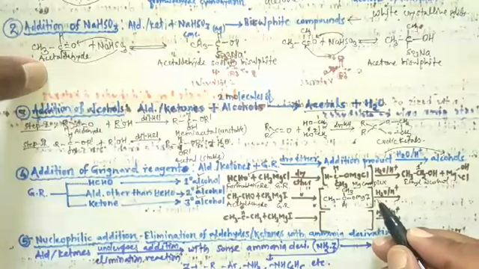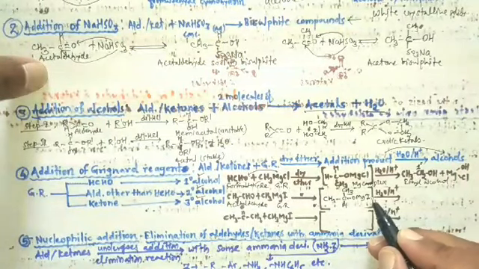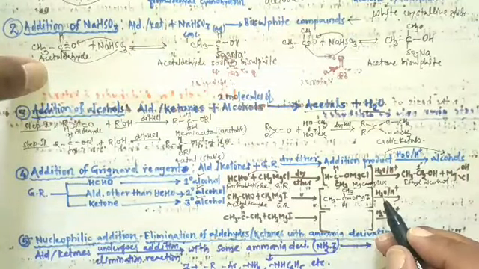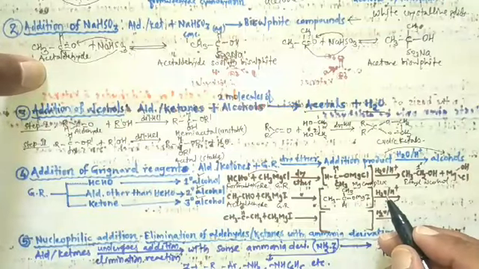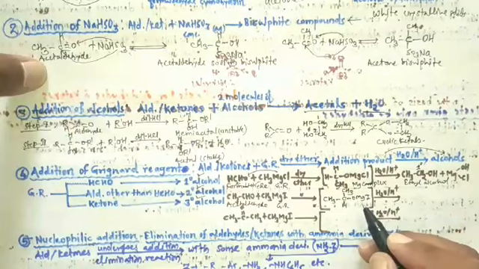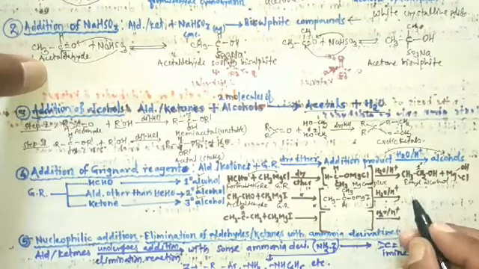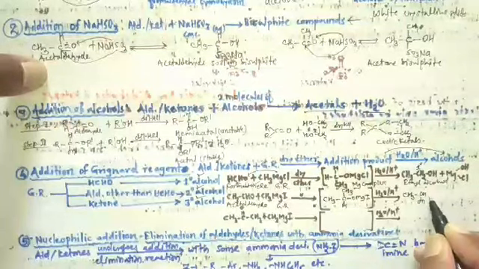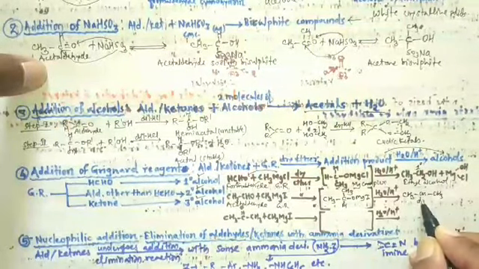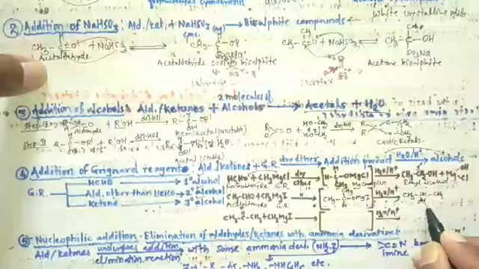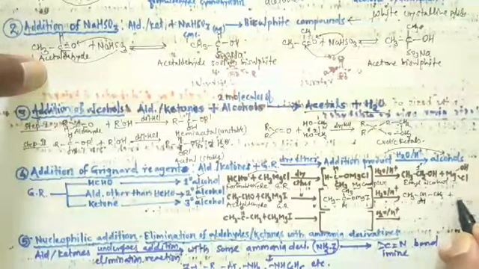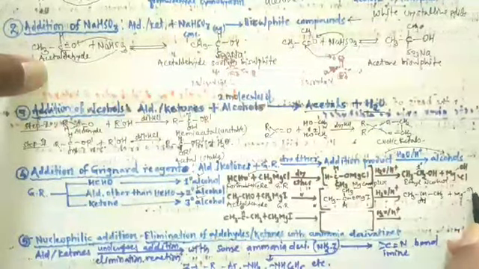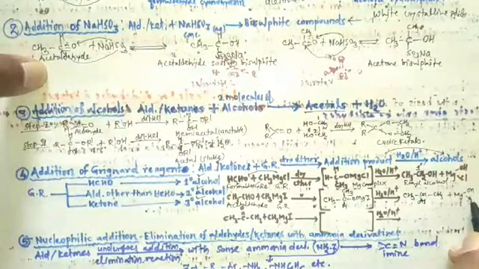This magnesium complex on acid hydrolysis produces a secondary alcohol, CH3CH(OH)CH3, that is isopropyl alcohol, and the byproduct formed is Mg(OH)I.